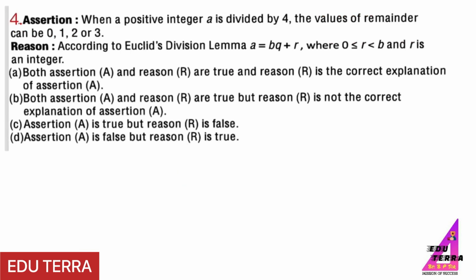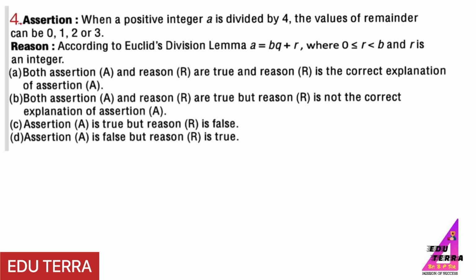Number 4, assertion: when a positive integer a is divided by 4, the values of remainder can be 0, 1, 2 or 3. Reason: according to Euclid's division lemma, a equals to bq plus r, where r is greater or equal to 0 and less than b, and r is an integer. See, we have given an integer a is divided by 4.